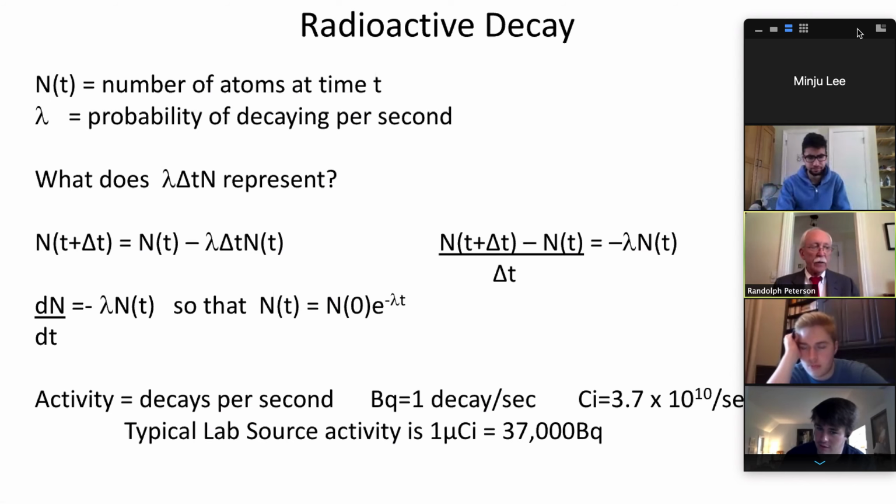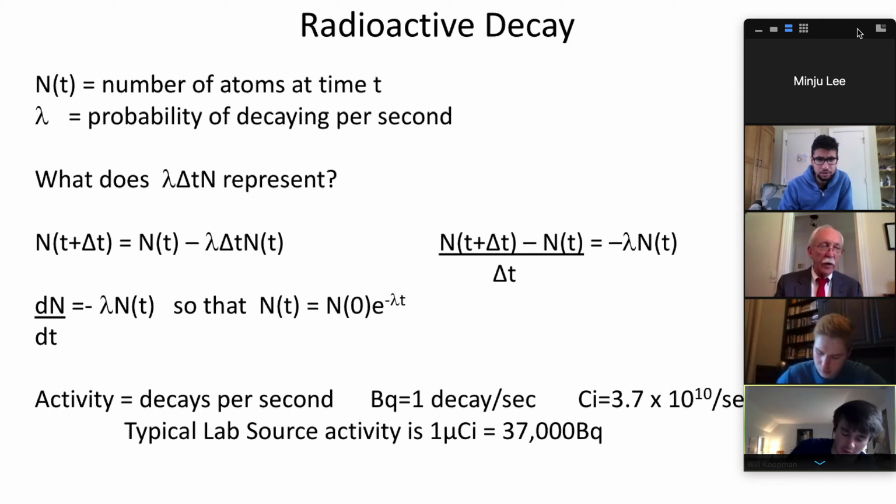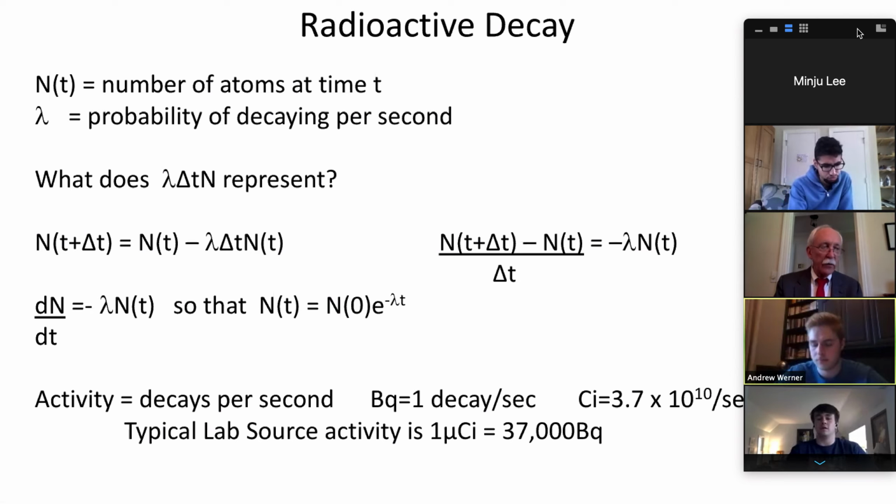So lambda, I think everybody got 1.5 times 10 to the minus 5 per second. Interesting. And lambda n is then 9.1 times 10 to the 18 per second, or becquerels, and then 3.7 times 10 to the 10.